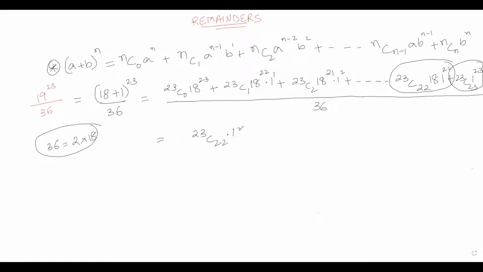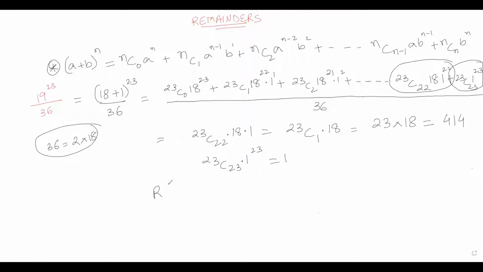23C22 into 18 into 1 would be the same as 23C1 times 18, because nCr is equal to nC(n minus r), and 23C1 if we calculate, this would be 23 times 18. So this would be 414, and 23C23 times 1 raised to power 23 would be the same as 1 because nCn is 1.